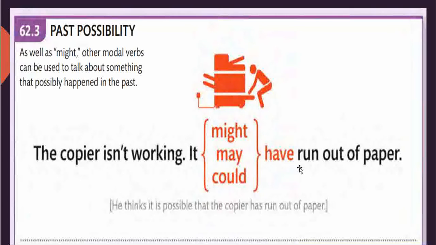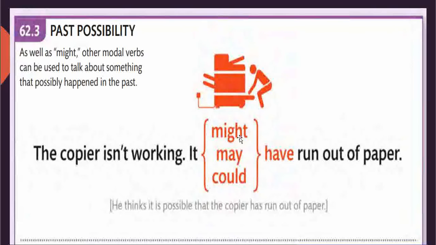It may have run out of paper. It could have run out of paper. Now we are talking only about might right now. Might have shows possibility, but there are other words, may and could, that show possibilities. May is informal, could is formal.